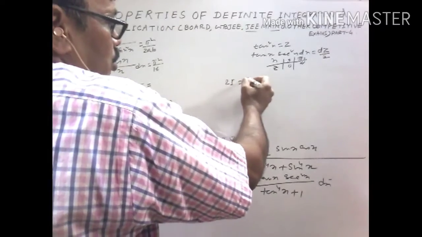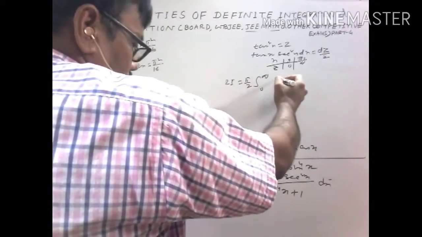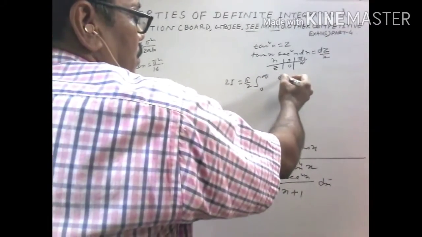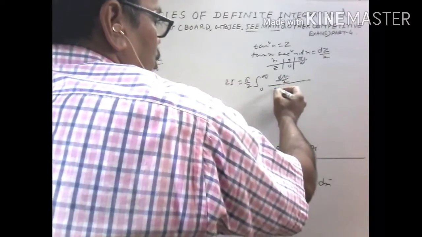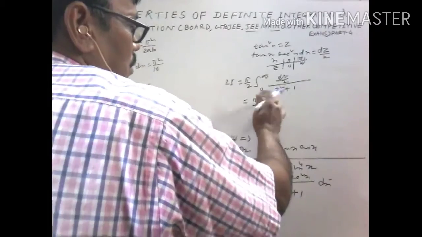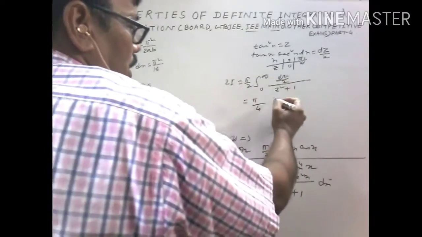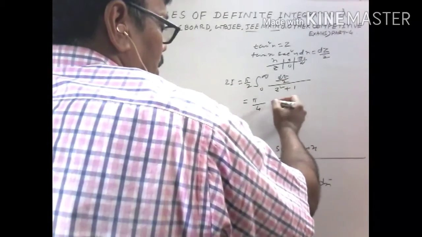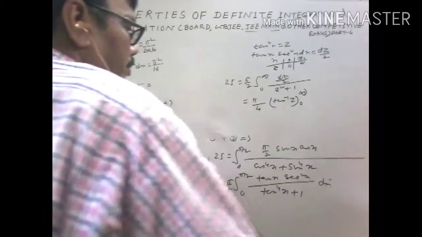So 2I equals to pi by 2, integral 0 to infinity. Now this is dz by 2 and this is z square plus 1. So pi by 4, this is tan inverse z, 0 to infinity.